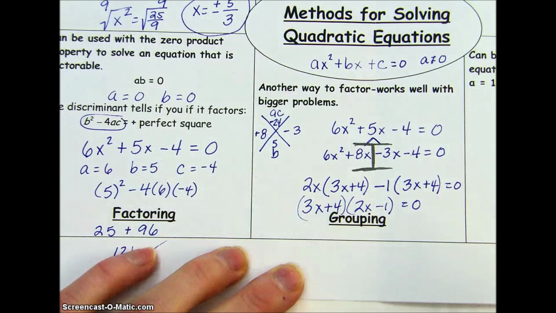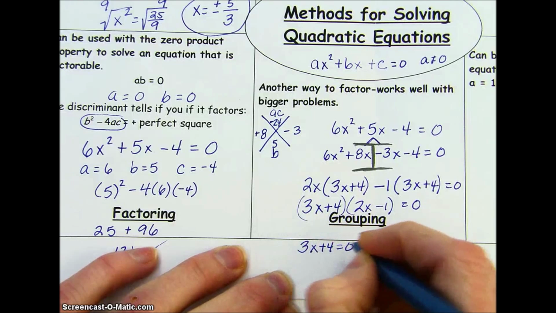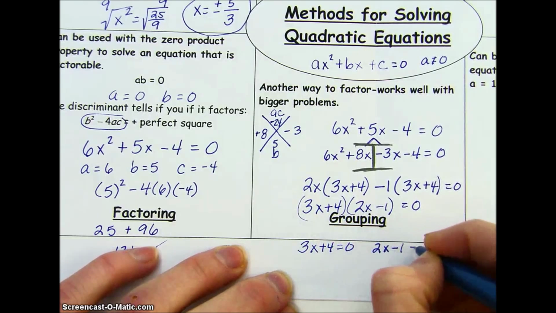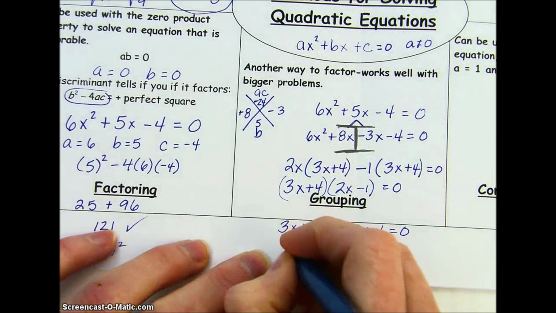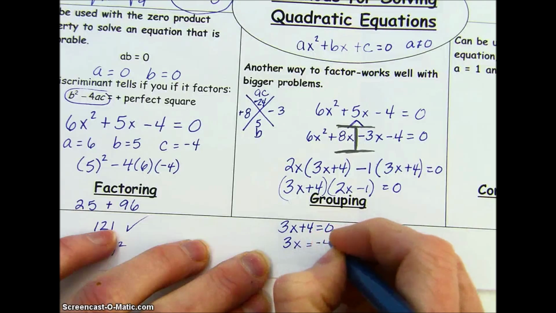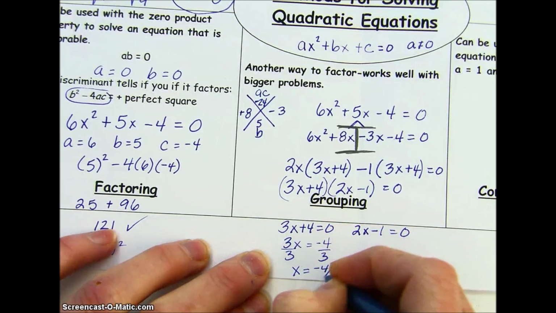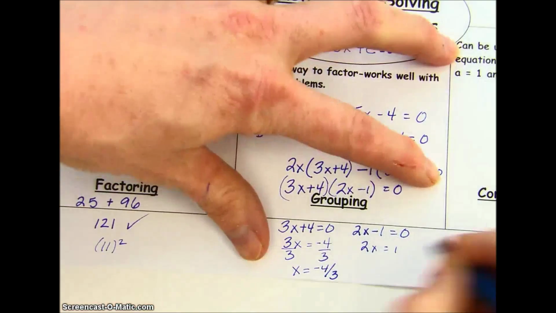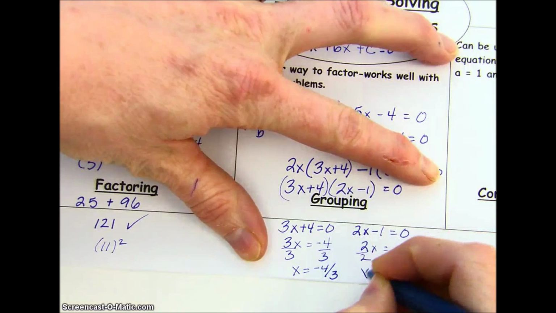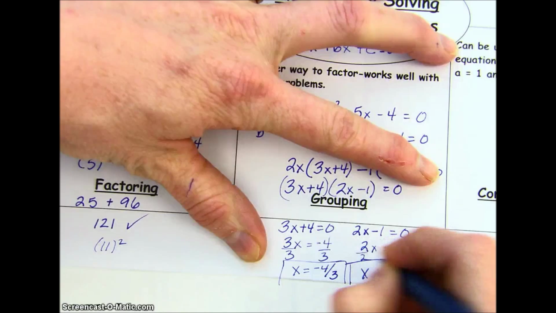So using the zero product property, I can say 3x plus 4 equals 0, 2x minus 1 equals 0, and now solve each linear equation. So 3x equals negative 4, divide by 3, x equals negative 4/3. And then this one, 2x equals 1, divide by 2, so x equals 1/2, and we have our answers.